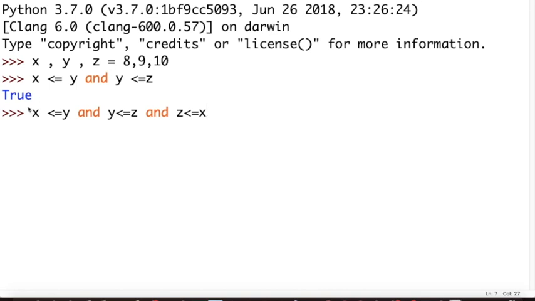Now we can see here that the first two conditions are evaluated to be true, as we have seen in step number 1. The last condition, z less than equal to x, means that the value of z is 10 and the value of x is 8, and we are evaluating whether z is less than or equal to x or not, which is false.